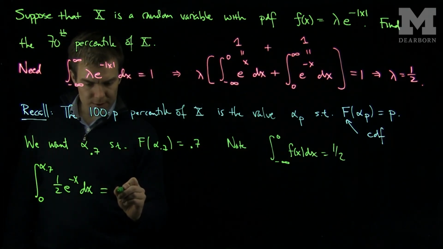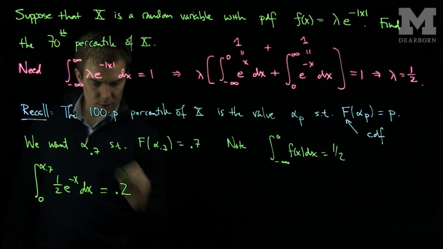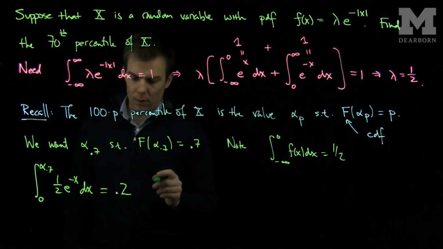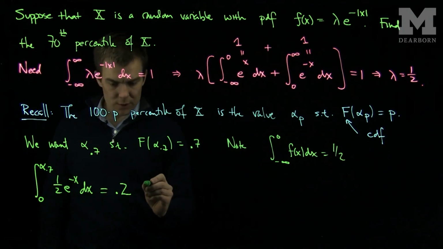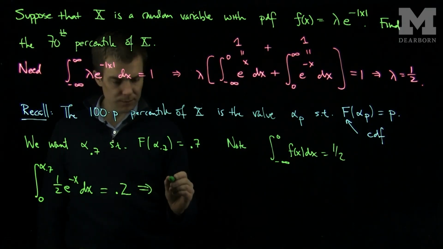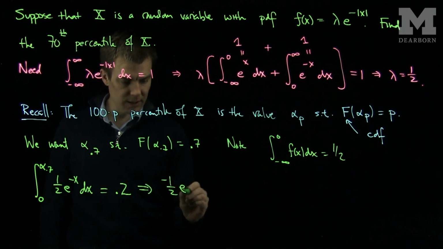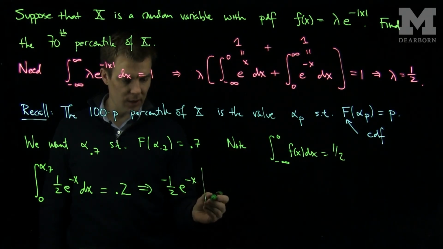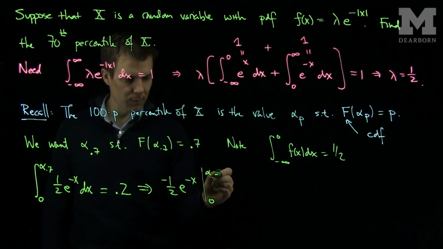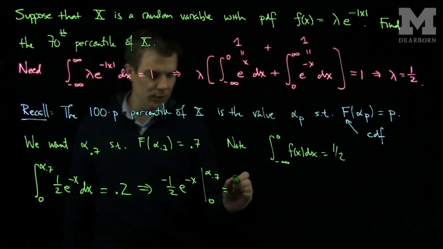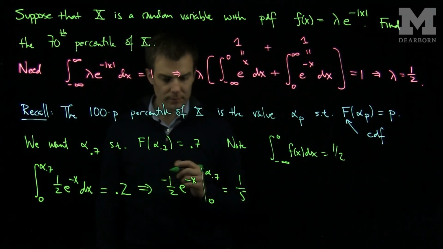So I will have this being equal to 0.2, or 1/5. So if we integrate this, we see that this is equivalent to 1/2 with a negative e to the negative x evaluated from 0 to alpha 0.7 being equal to 0.2, or 1/5.